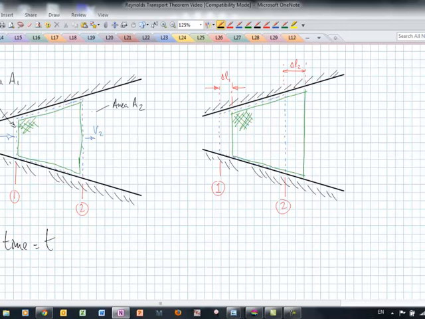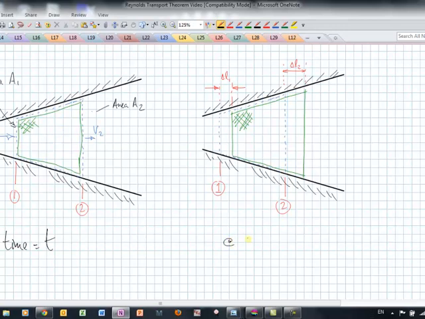That time equals t is picked so that what's shown in green is a plug of fluid that matches the control volume exactly. Of course, that region of fluid, that system of fluid, is going to move if we go a moment later, at a time greater than t.